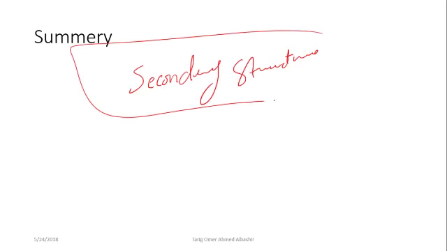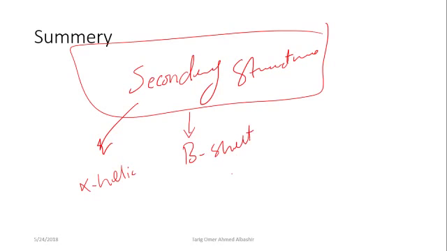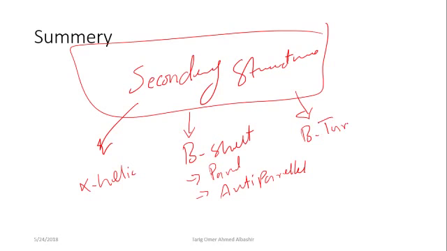As a summary, we can say the secondary structure can be composed or represented by different types of arrangements, including, as we said, the alpha helices, the beta sheets with both types, the parallel and the anti-parallel beta sheets, and we have the beta turns.